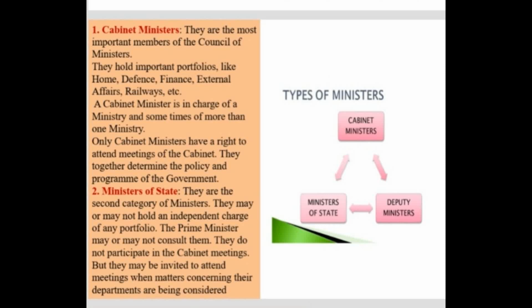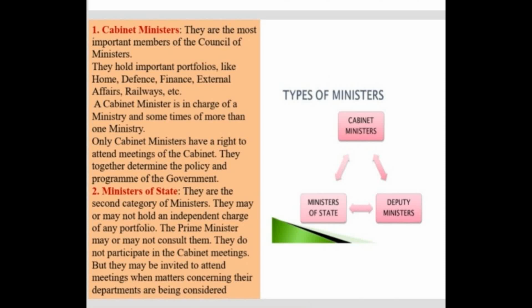And a cabinet minister is in charge of a ministry and sometimes more than one ministry. That means the prime minister may give one ministry or more than one ministry to a single cabinet minister, and only cabinet ministers will have the right to attend the meetings of the cabinet. They together determine the policy and program of the government.